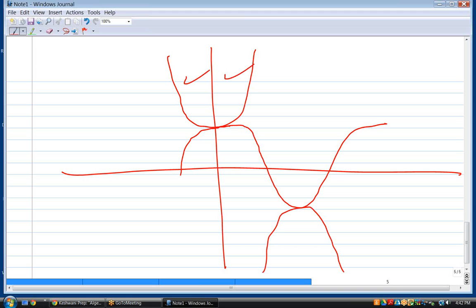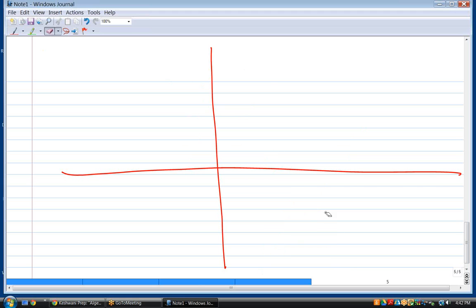Whereas the other two sit next to the y-axis. So if I give you a curve and it looks like this, I know that that is secant, not cosecant. Cosecant would look like this.